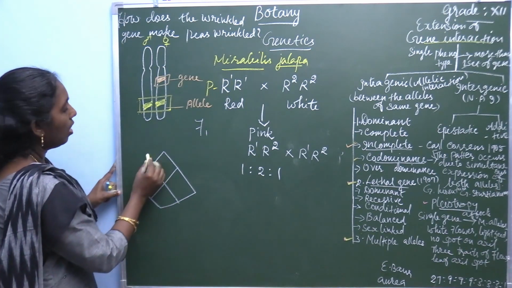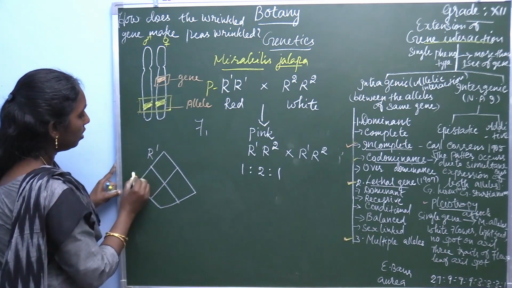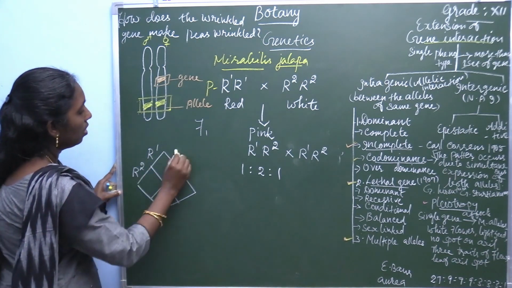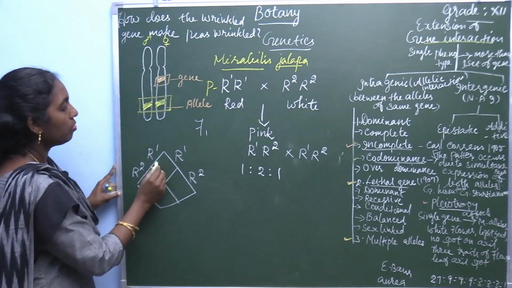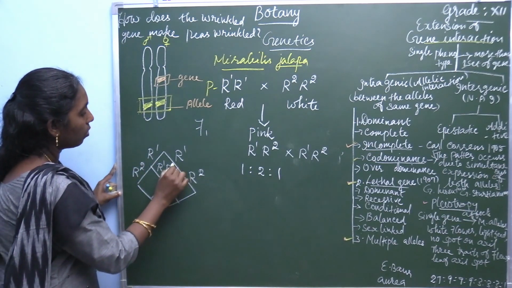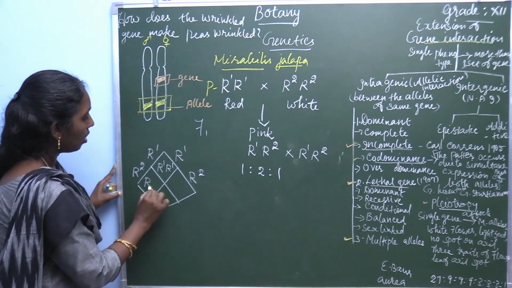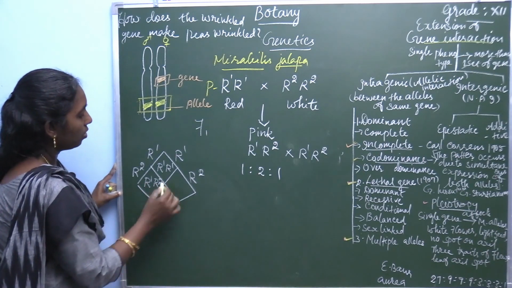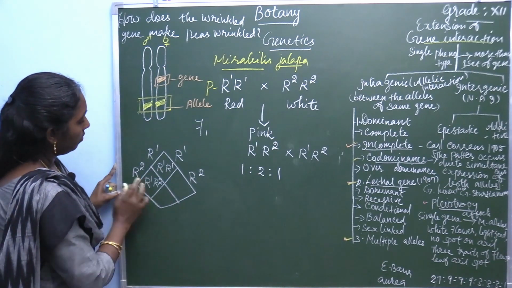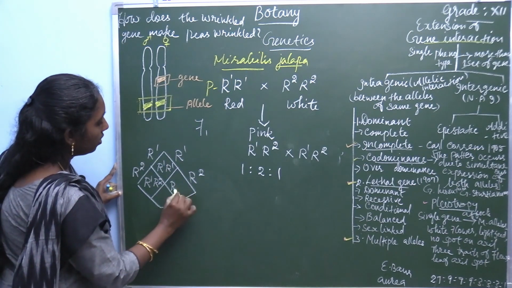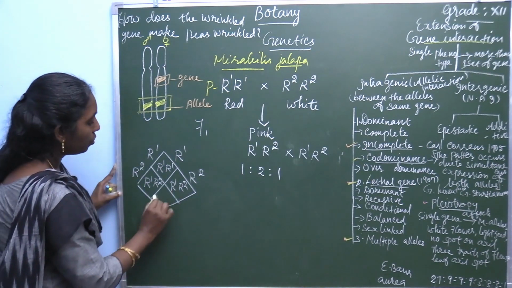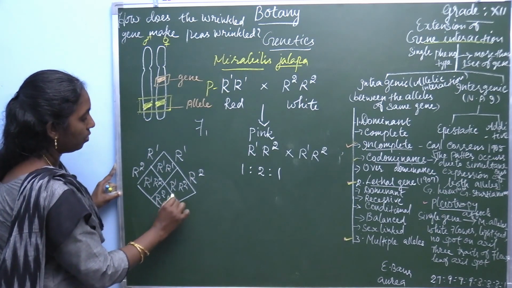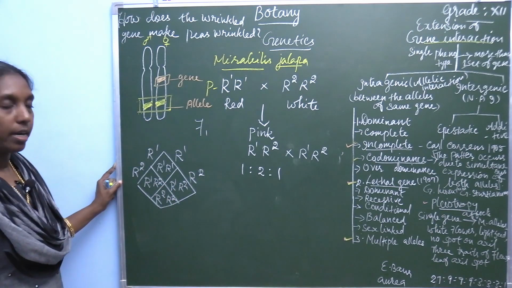It shows here R1, R1, here R1, R2, here R1, R2, and here R2, R2. What is the character?